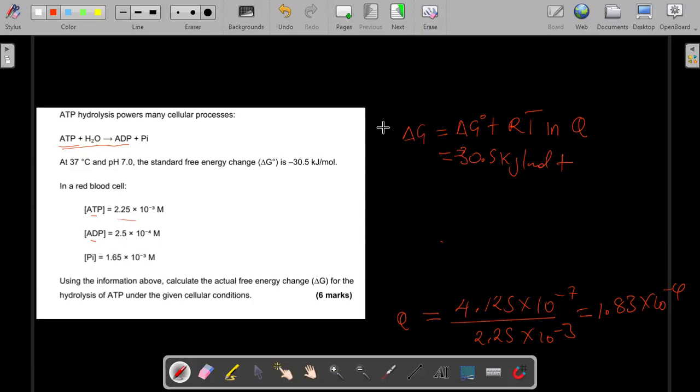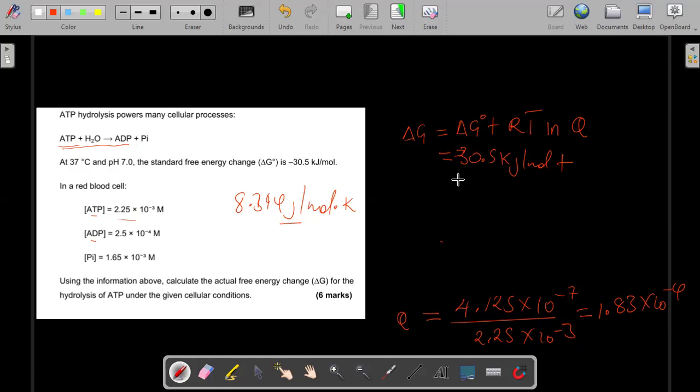Now there's an issue here. The rate constant that we said we are using is 8.314 joules per mole Kelvin, isn't it? That's the rate constant that we are using here. Now you notice the difference in units. Here we are having joules, here we are having kilojoules.